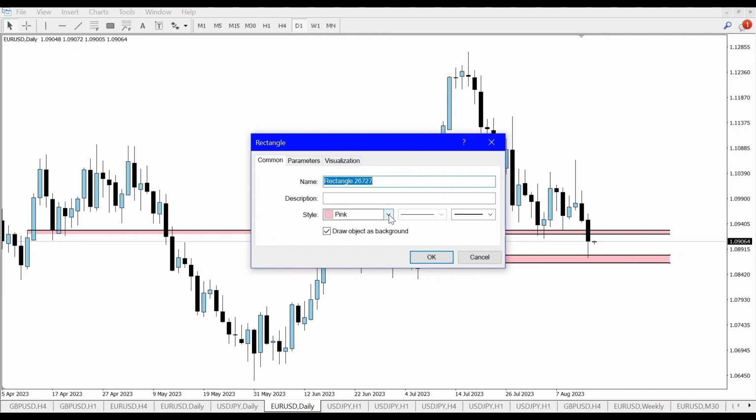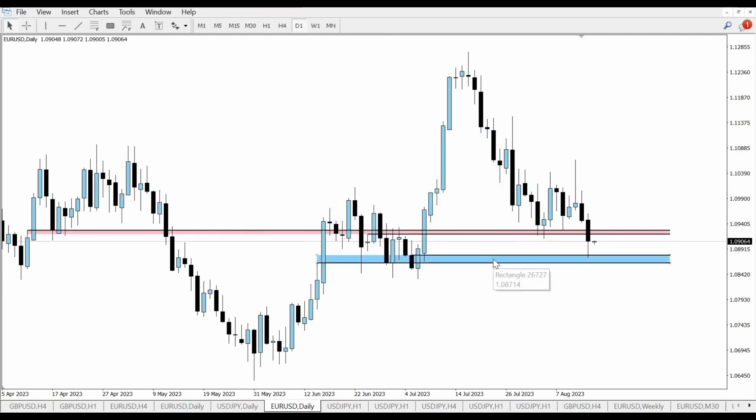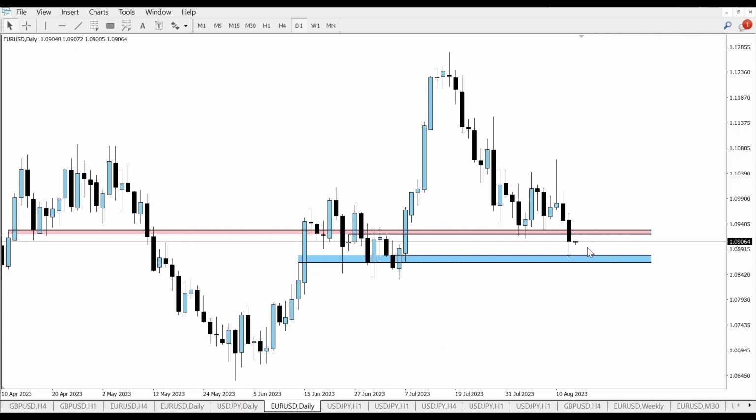And let's change the color to light sky blue. All right, so this is what I'm anticipating for the current trading day. And now let's take a look at it in the lower time frames.